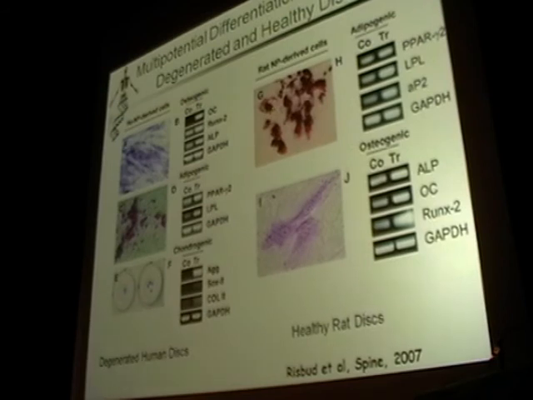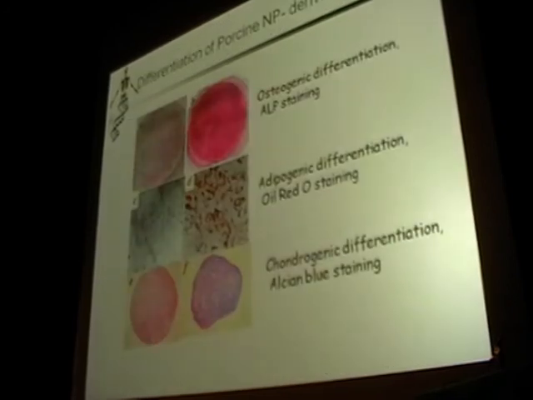It might be because of lower proliferation or apoptosis of these cells. This is very fresh data. Just confirming these results, we could now isolate the NP cells from pig intervertebral disc and differentiate them in vitro to three tissues.